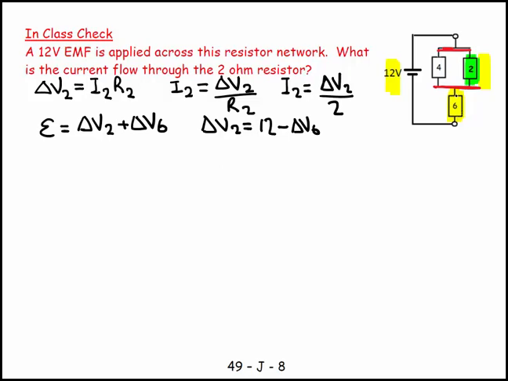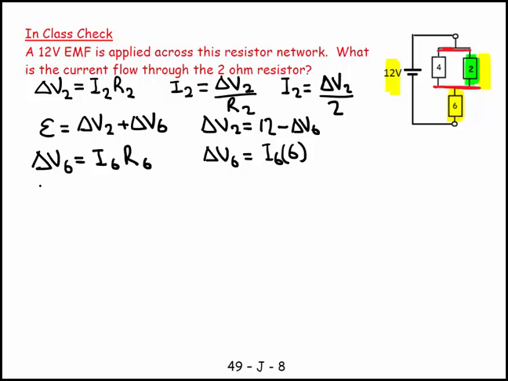And so I can say, my voltage drop across the 6 is equal to the current flowing through the 6 times the resistance of the 6. So my voltage drop across the 6 is equal to the current flowing through the 6 times 6. Oh man, if I only knew the current flowing through the 6.